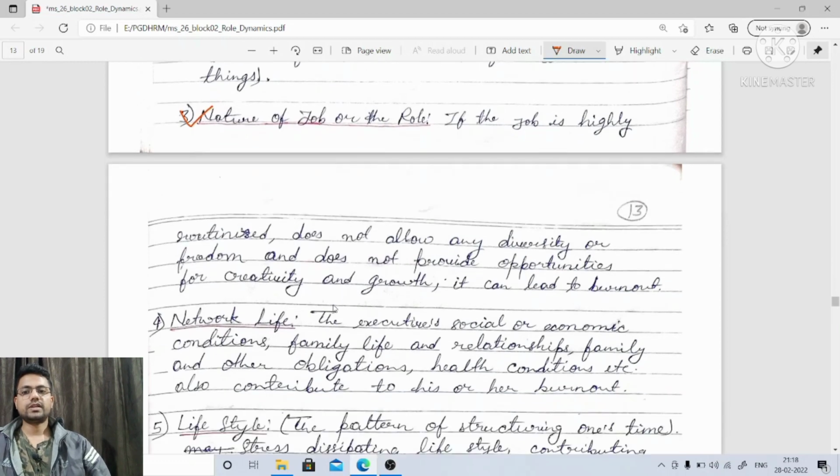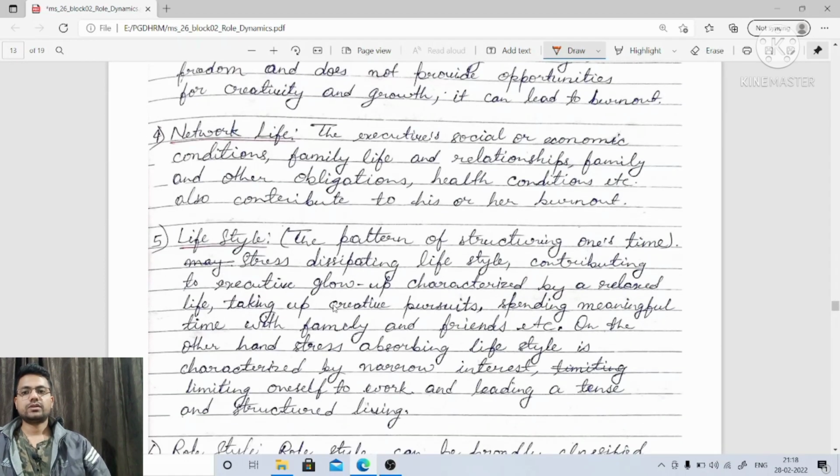Fourth, given network life: the executive's social or economic conditions, family life and relationships, family and other obligations, health condition, etc., also contribute to his or her burnout. You can see all these factors may contribute to stress.